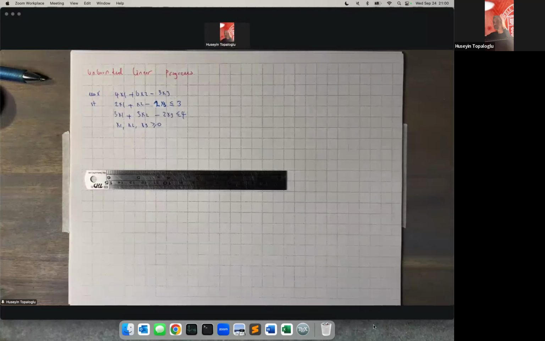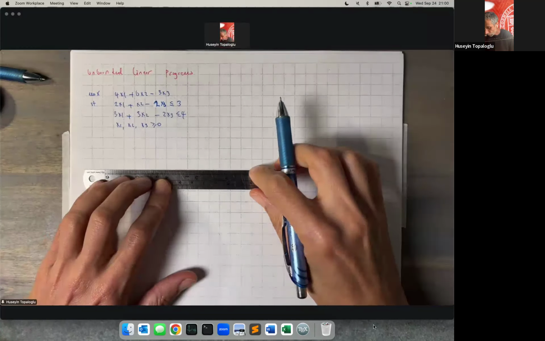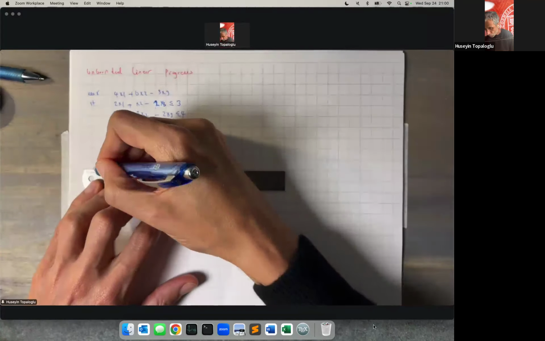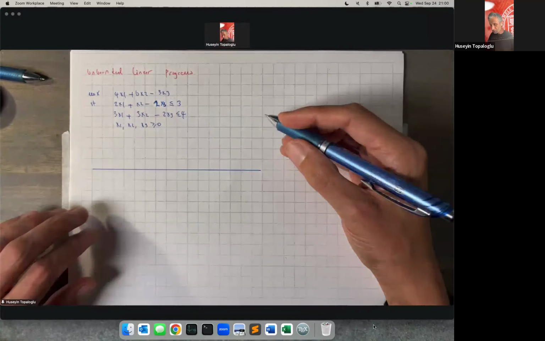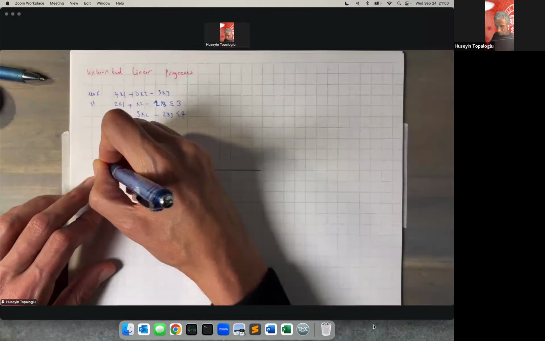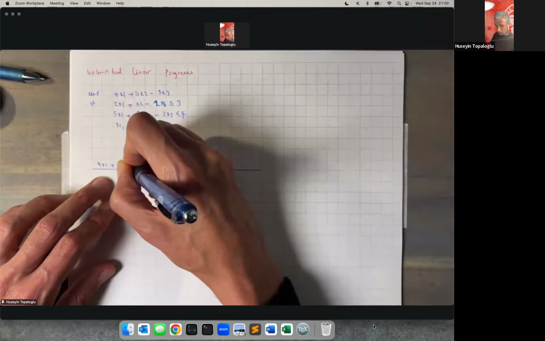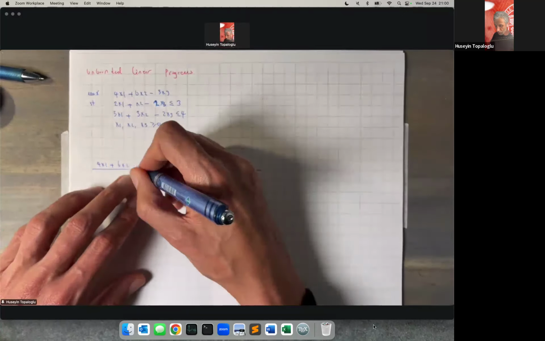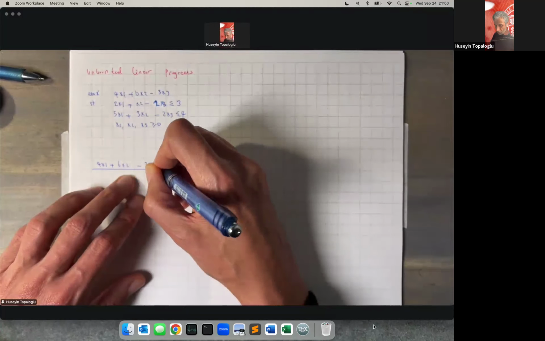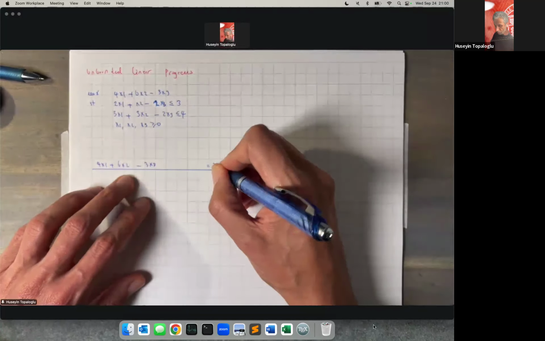Whether we can find feasible solutions that make the objective value larger and larger and larger without violating any of the constraints. Okay, so let's solve this linear program through the simplex method, business as usual. Let's construct the first system of linear equations. 4x1 plus 6x2 minus 3x3 is my objective function row.